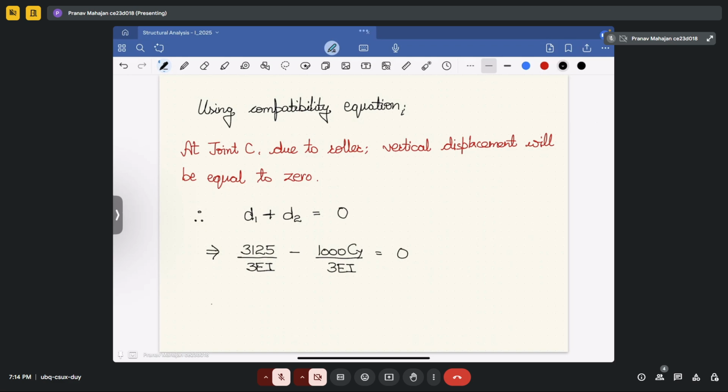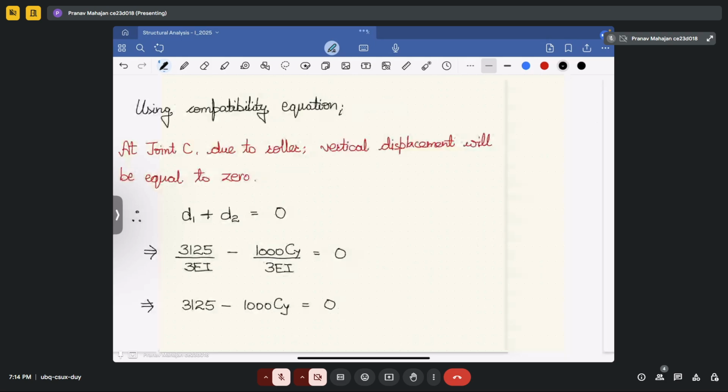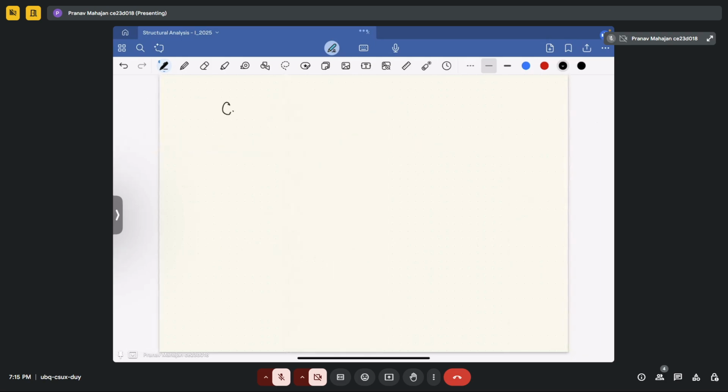So if you solve further, it becomes 3125 minus 1000 Cy equal to 0, and that will give you the value of Cy equal to 3.125 units. Fine.